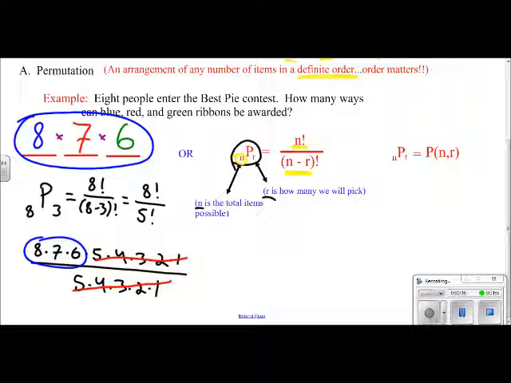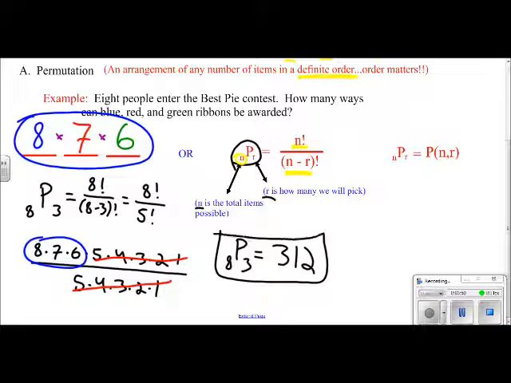So in the end, 8P3 would come out to 8 times 7 times 6, which is 336. So there are 336 possible ways that we can award a blue, red, and green ribbon.